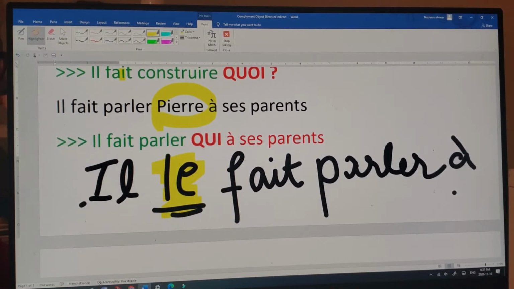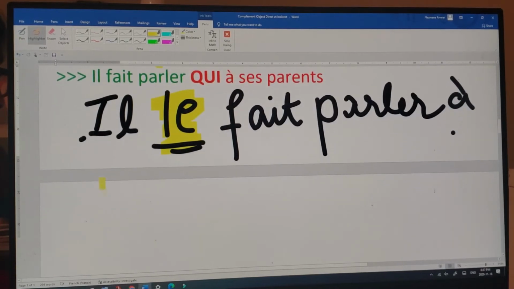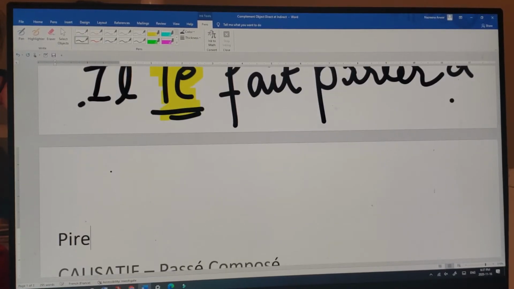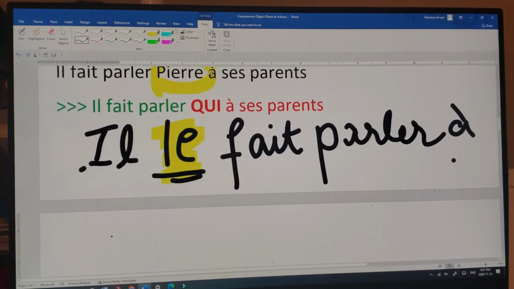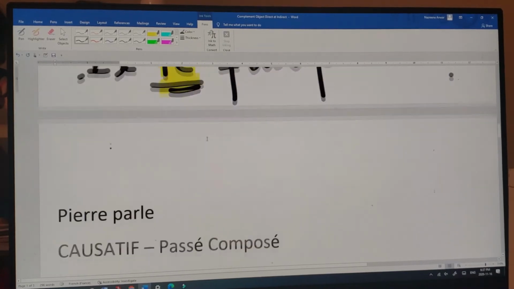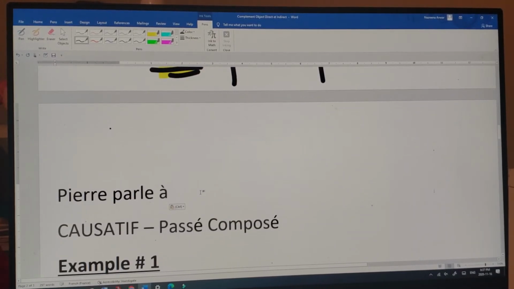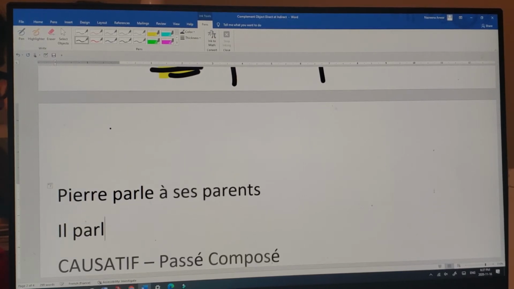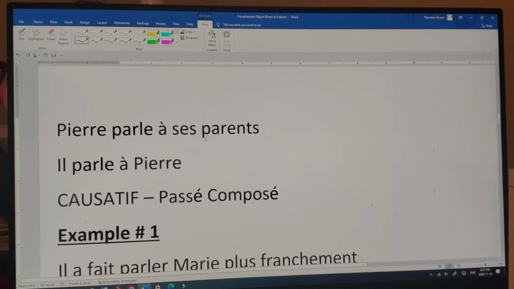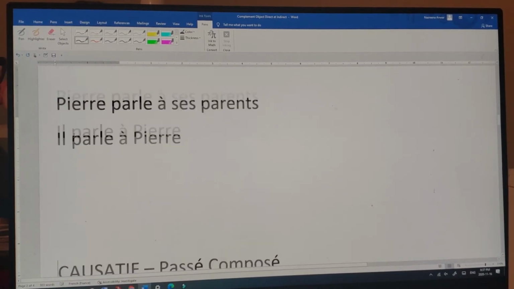Let's say the sentence was Pierre parle à ses parents, or il parle à Pierre. In this case, Peter talks to his parents, he talks to Peter.